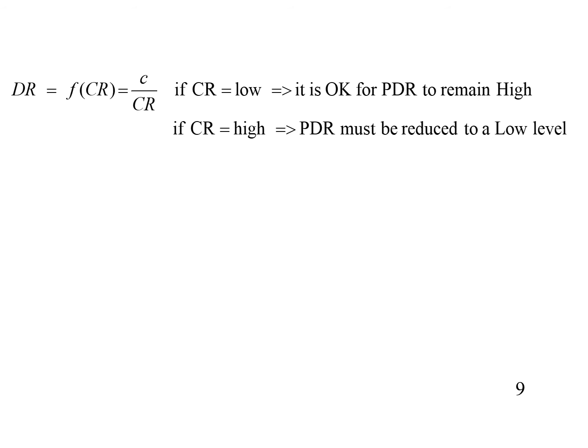We could reduce detection risk to a low level, but it'd be very costly to do both. It's not required for plan detection risk to remain high, but it's okay for it to remain high. However, if control risk is high, plan detection risk must be reduced to a low level.